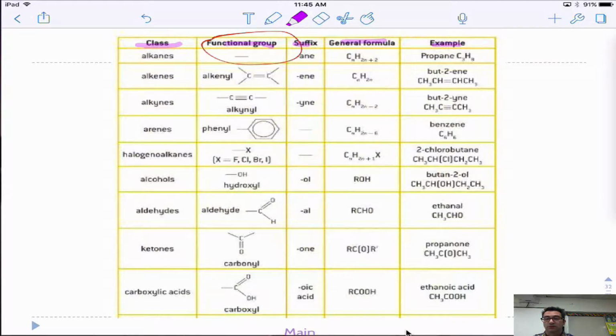Rounding out the hydrocarbons includes the arenes, the phenyl group. So notice when they talk about the functional group, and this is something that we haven't really discussed, when you're an alkene, you have an alkenyl group. And when you're an alkyne, you have an alkynyl group there, as opposed to an alkenyl group in the alkenes.